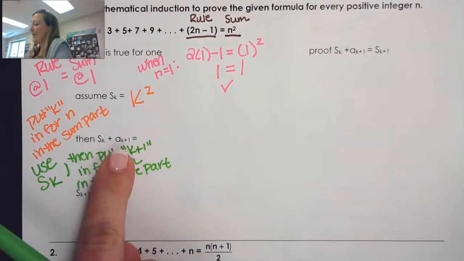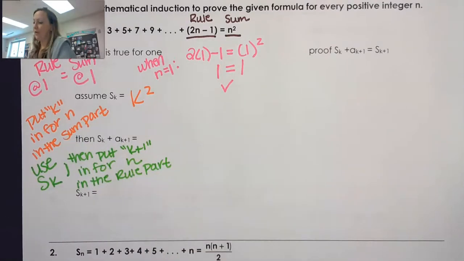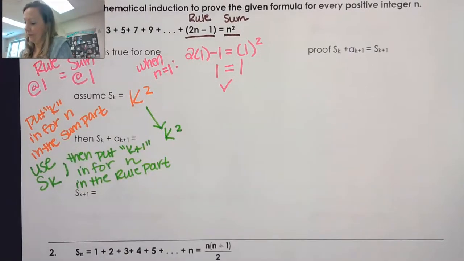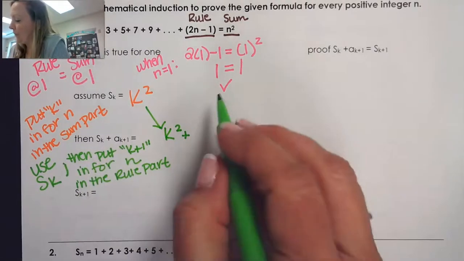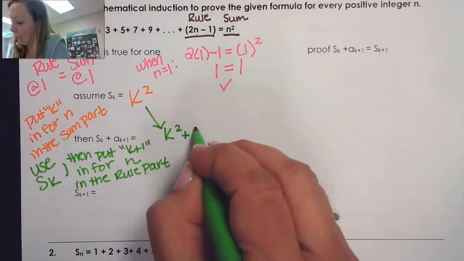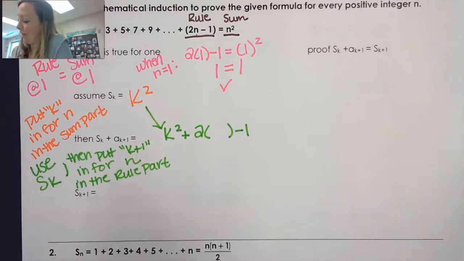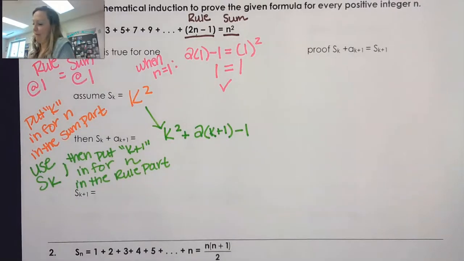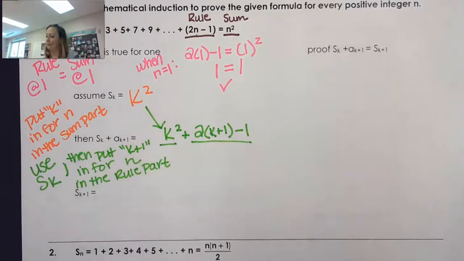And if we said a sub 8, wouldn't we replace the n with 8? So if we see a sub k plus 1, that means we're going to replace the n with k plus 1. So let's bring the S sub k down. We said that that was k squared. And then our a sub k plus 1, we're going to put k plus 1 in here. So my rule is 2n minus 1. And again, in for n, I'm going to put k plus 1. Okay. So there's S sub k plus the a sub k plus 1.